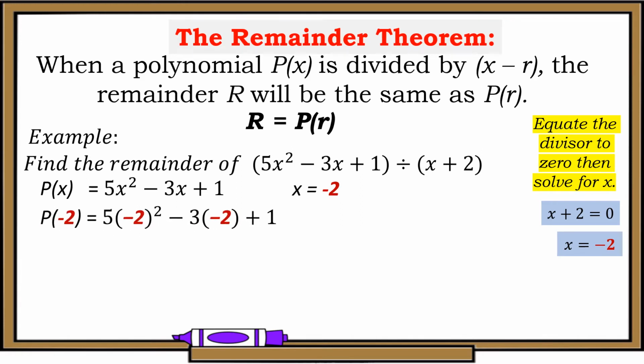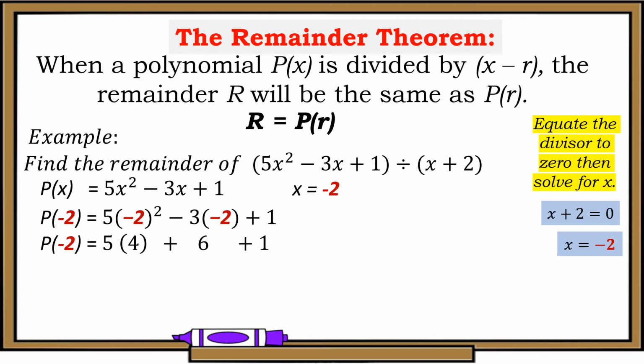So P(negative 2) is equal to 5 times negative 2 squared minus 3 times negative 2 plus 1. Then we have 5 times negative 2 squared. We cannot multiply the 5 by negative 2 right away because the negative 2 still has an exponent. Let us first simplify negative 2 squared. That means negative 2 times negative 2, which is equal to 4.